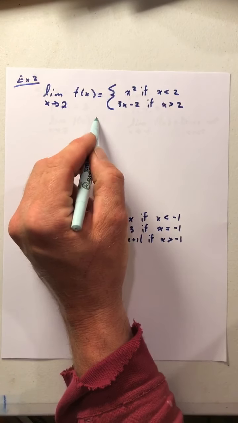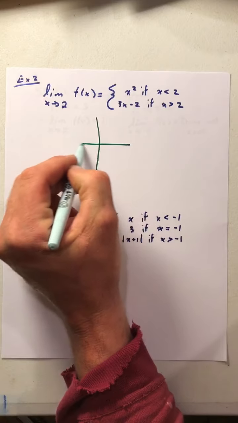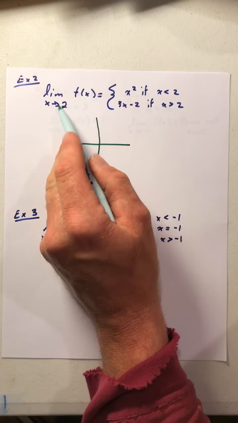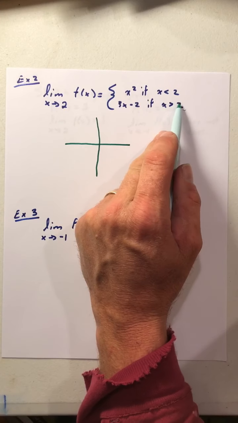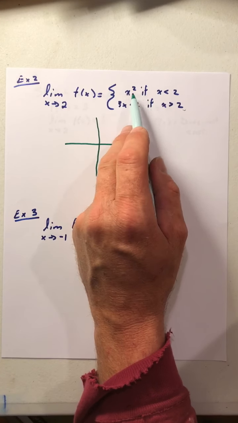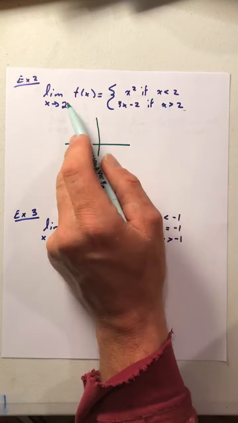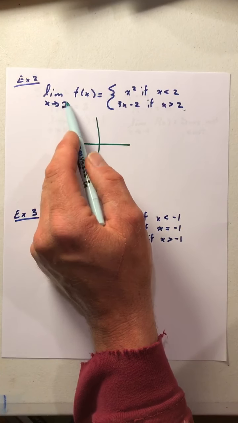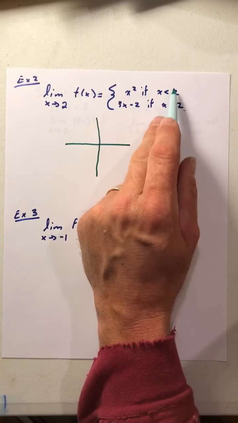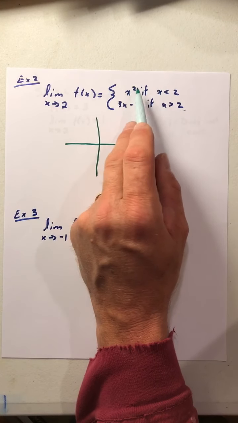In example 2, x approaches 2, and notice that the value we're taking the limit to and the value where we're restricting the pieces are going to relate to each other. It wouldn't make sense to take the limit as x approaches 1 if we're breaking it at 2, because we'd just look at that one part.